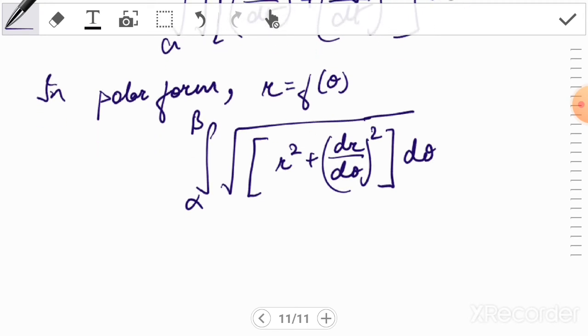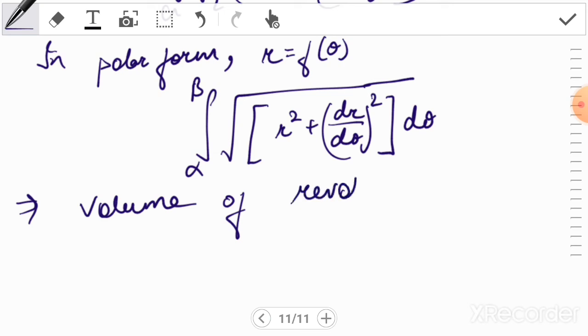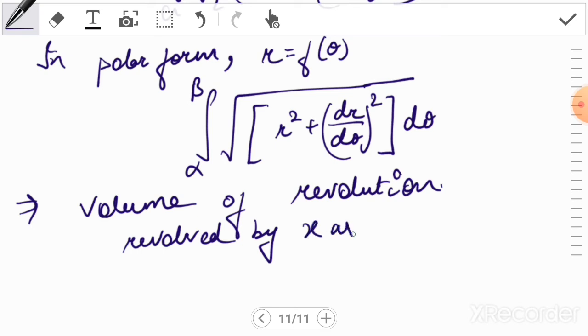Next is volume of revolution. Volume revolved by x-axis is given by integral a to b pi y square dx.